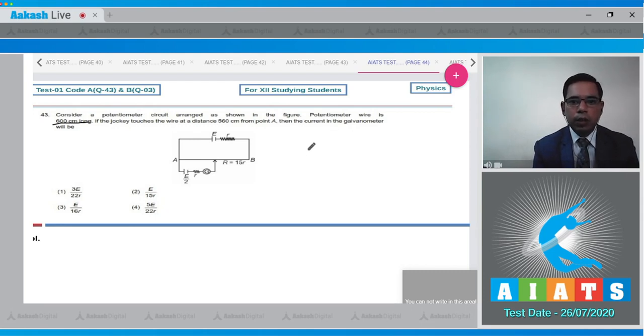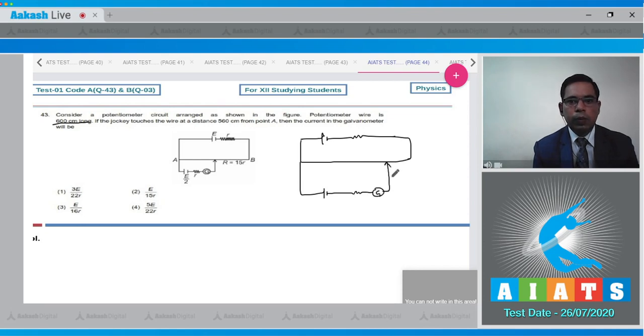Now dear students, just redraw the circuit. Now this is the 560 centimeter. This will be 40 centimeter.